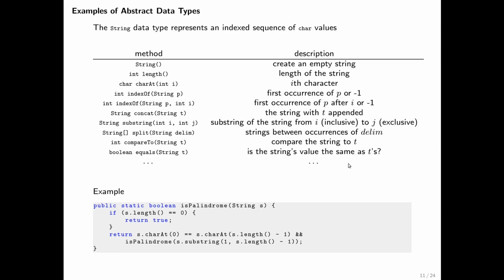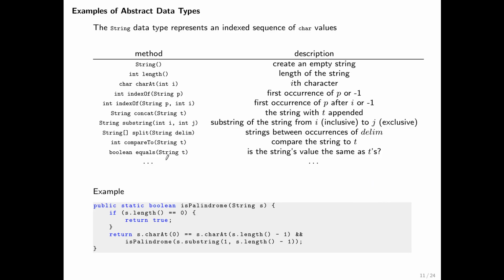For example, the string Bob is a palindrome. Similarly, the string Madam is a palindrome, whereas the string cat is not a palindrome. So these read the same forwards and backwards, whereas this one does not.